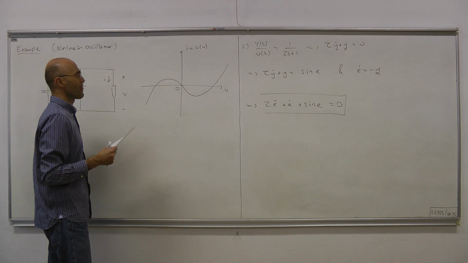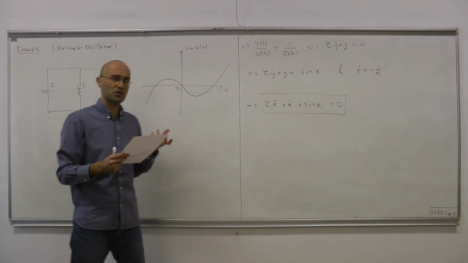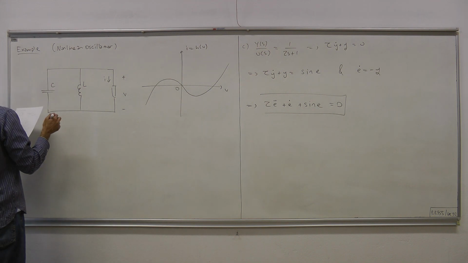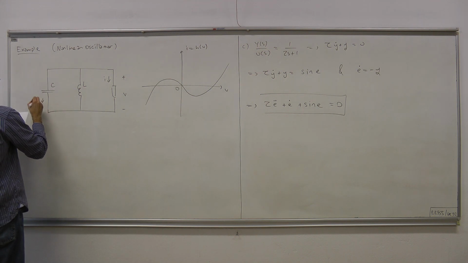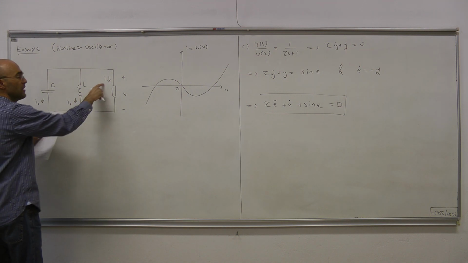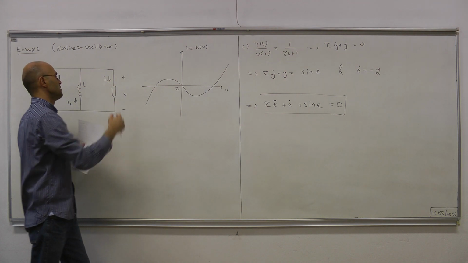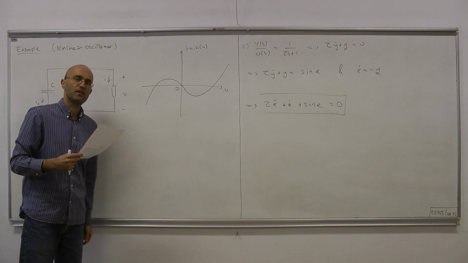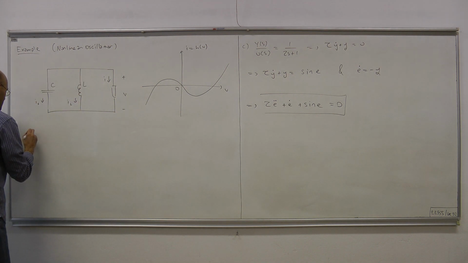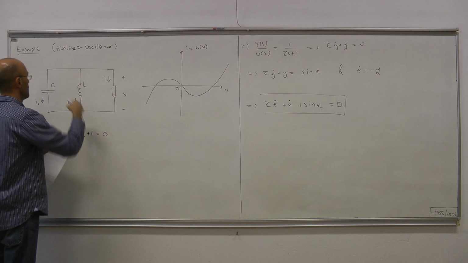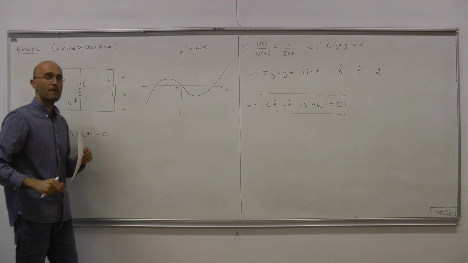First, let's obtain the system description for this circuit. So let this be the capacitive current, let this be the inductor current, and the current for the nonlinear element is denoted by I. There's only one voltage because everything is parallel to one another, and that voltage is indicated by V. Now, starting from KCL, Kirchhoff's current law, we can claim that the sum of those three currents, IC, IL plus I, must be zero.